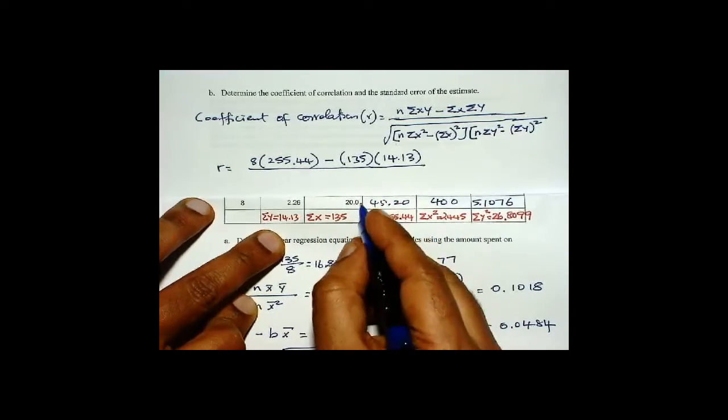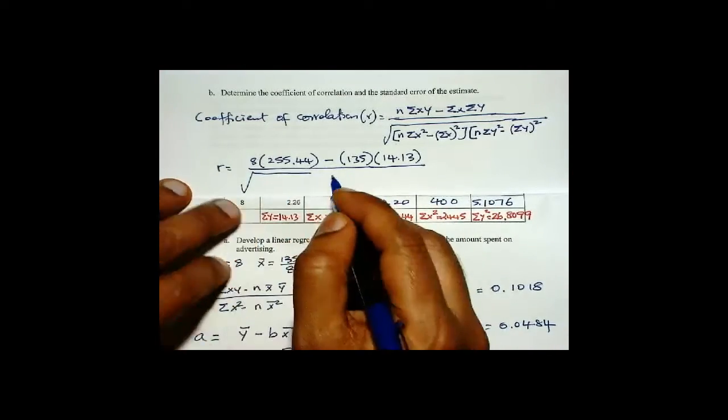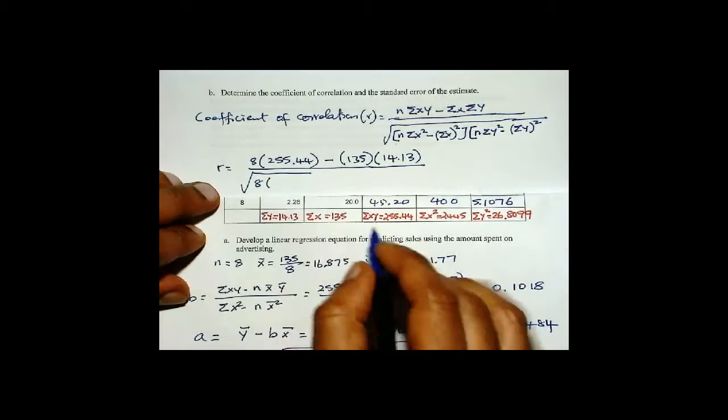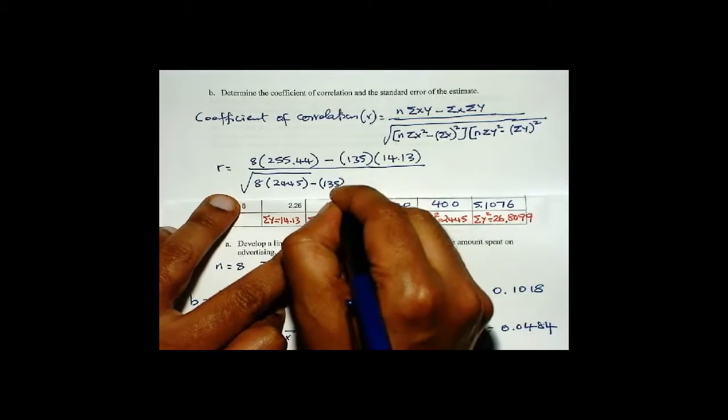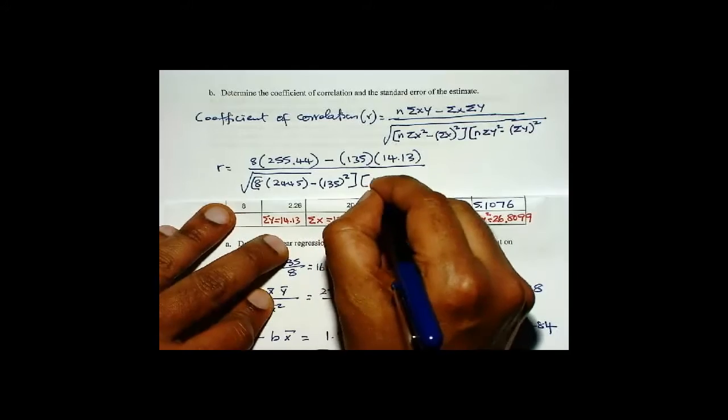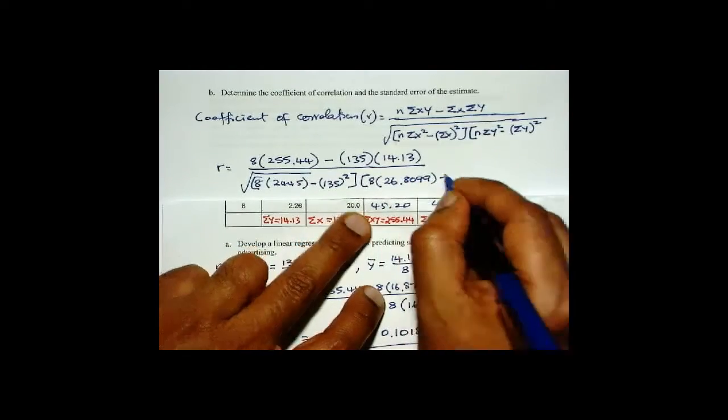and in the denominator we have 8 times sum of x squared, which is 2445, minus sum of x squared, 135 squared. So that's one part, and then we have 8 times sum of y squared, which is 26.8099, minus sum of y, which is 14.13, squared.